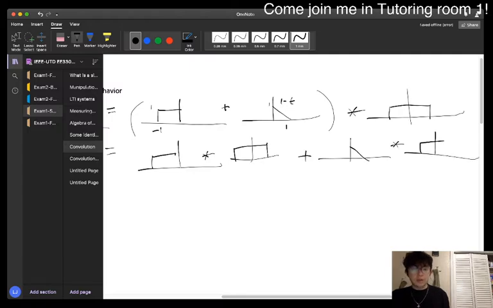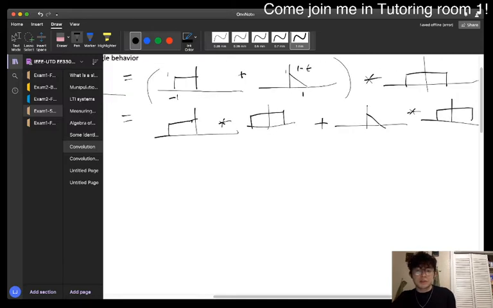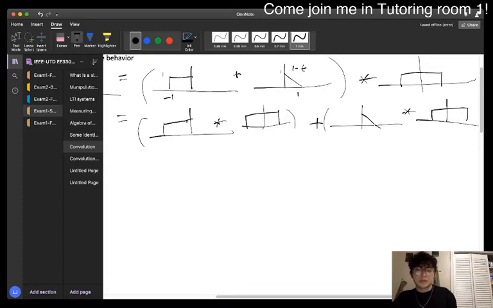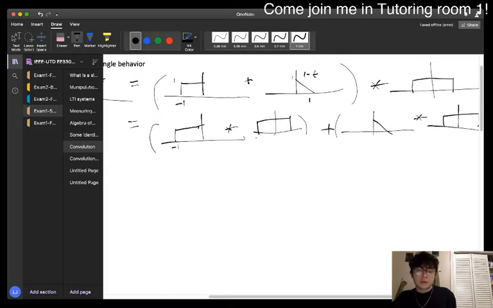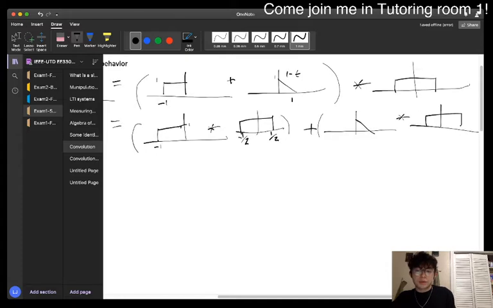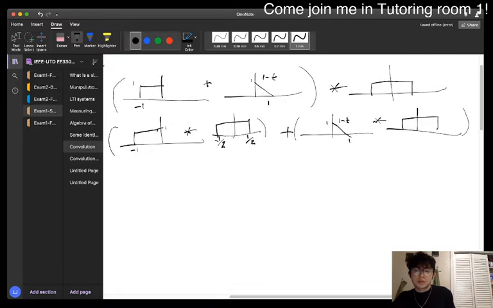So if we remember that theorem that I was talking about, namely the one that says that if we have two rectangle functions, two boxes, and we convolve them together, then this is going to be, let me parenthesize, negative 1/2 to 1/2 convolved with negative 1/2 to 1/2.